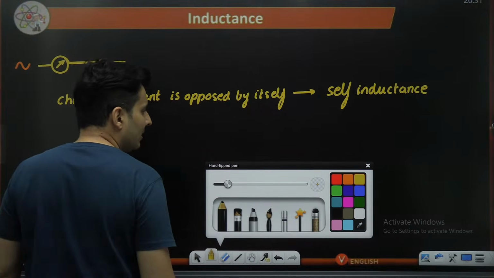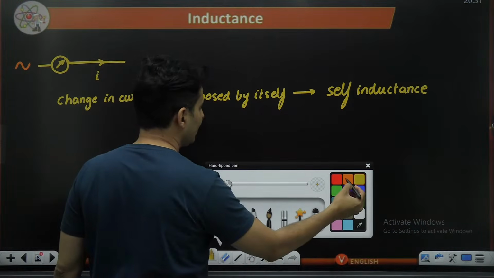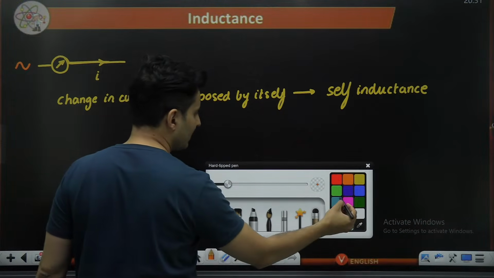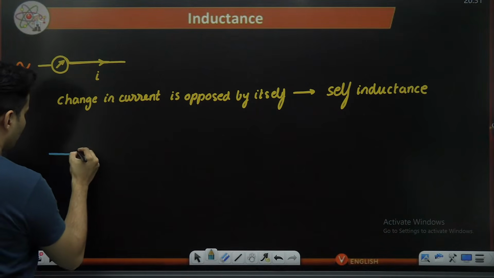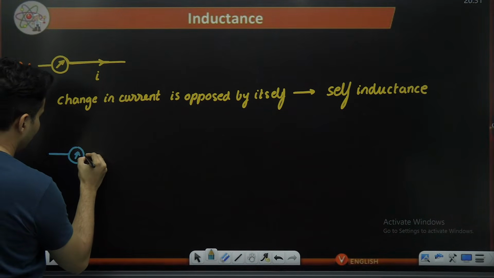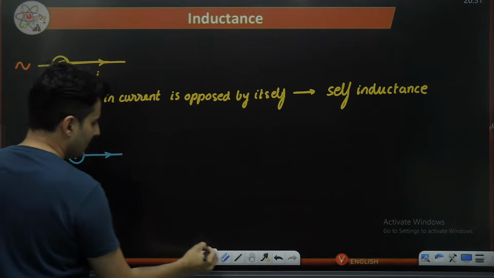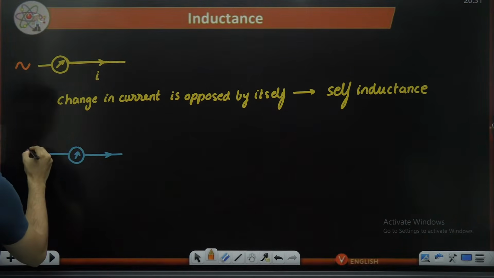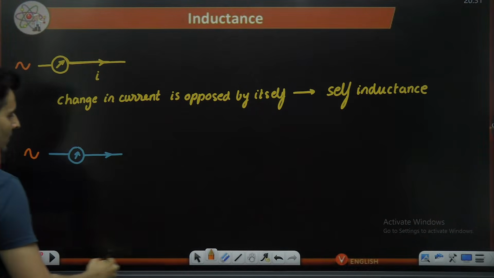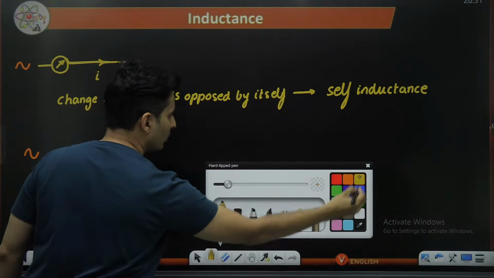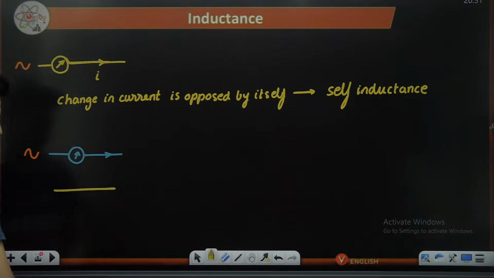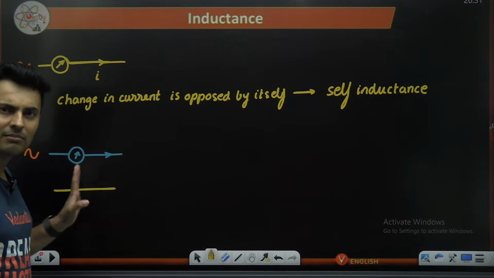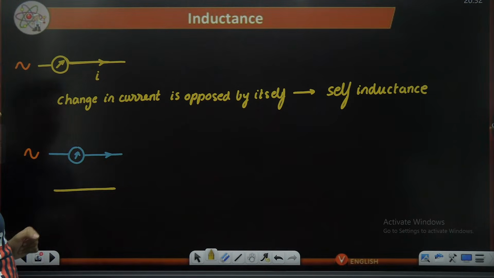The other one is mutual inductance. Now, what happens in mutual inductance? Let me explain that. See, imagine again, you are having that wire which has some kind of variable, changing current, and there happens to be another normal wire beside it, another device, some winding beside it.